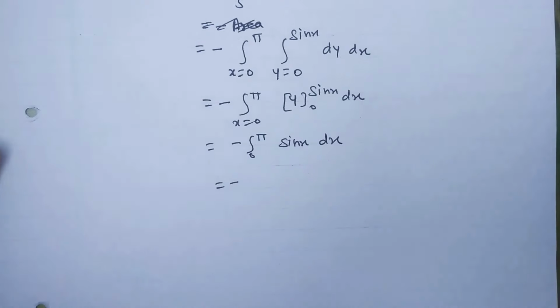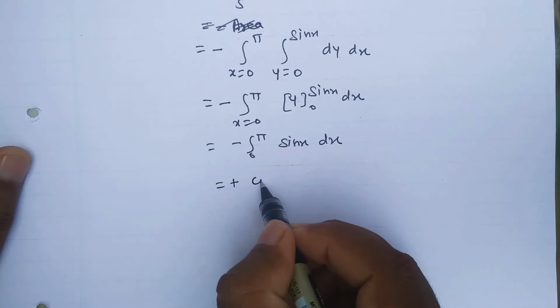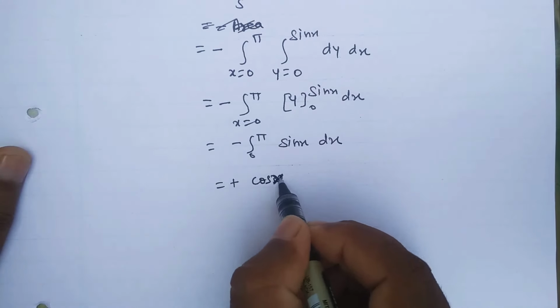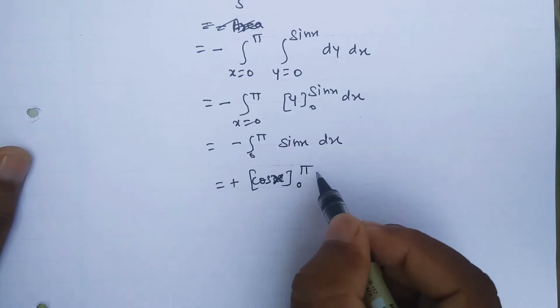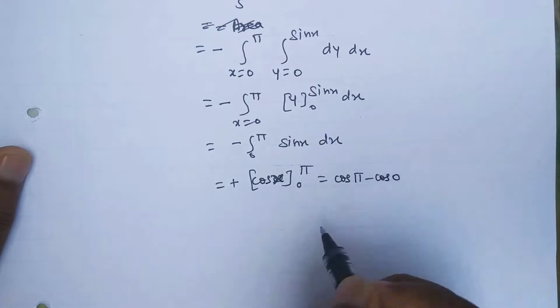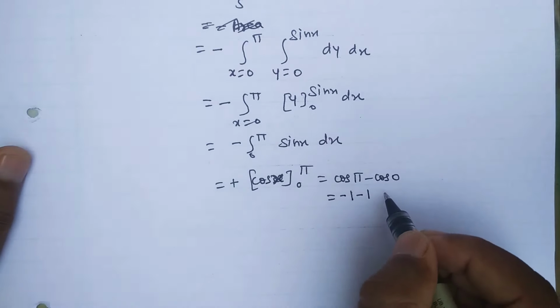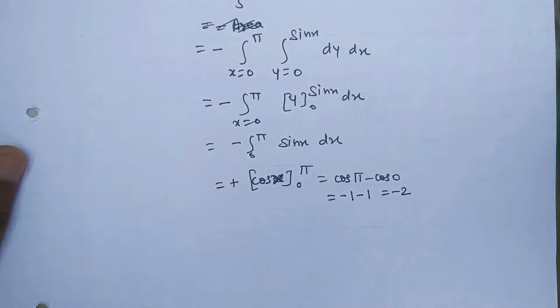Minus times integration of sin x, it is minus cos x, so minus minus becomes plus cos x with limit 0 to pi. This is equal to cos pi minus cos 0. Cos pi is minus 1, minus cos 0 is 1, so it is minus 2.